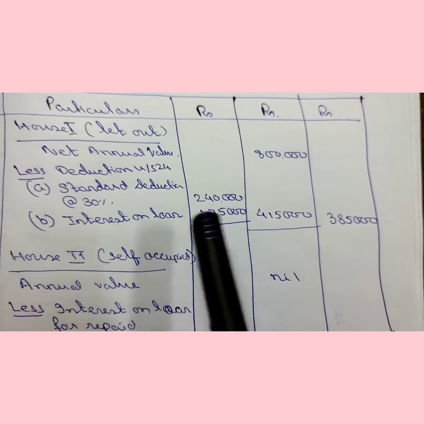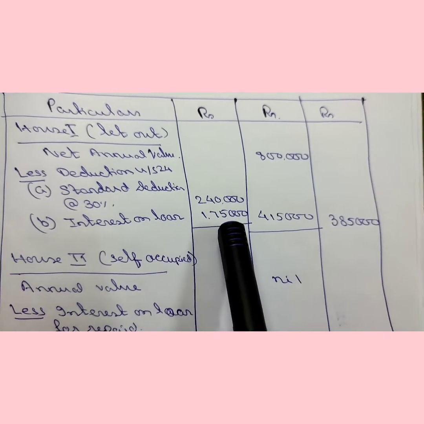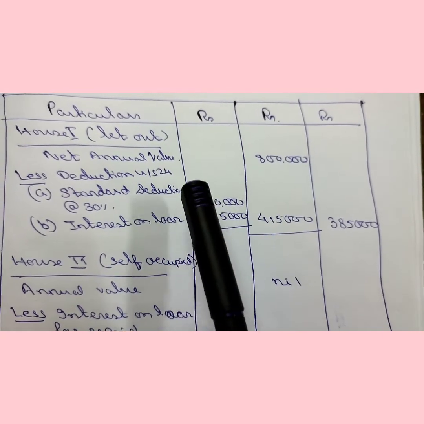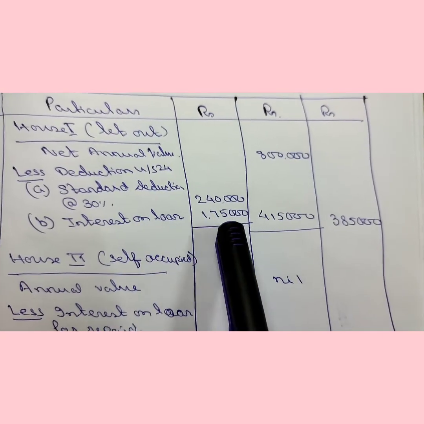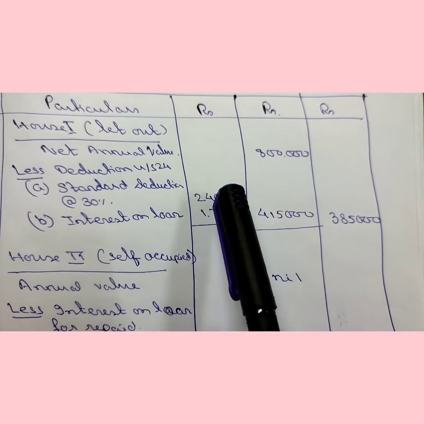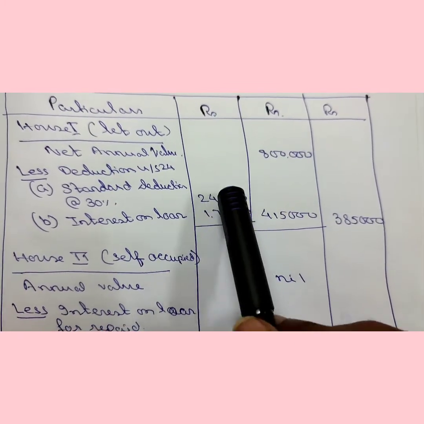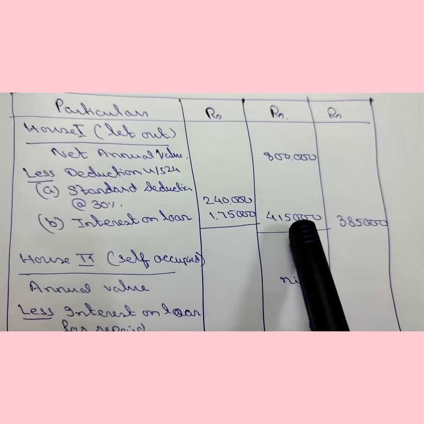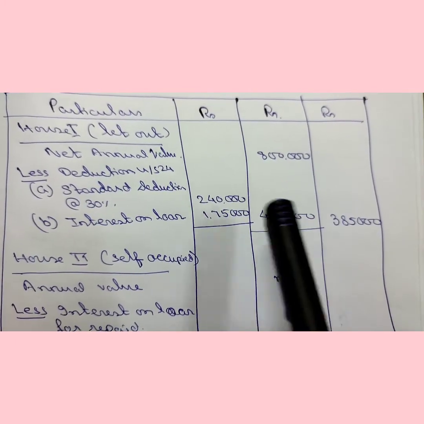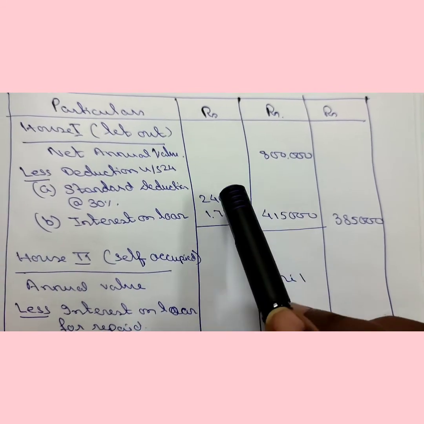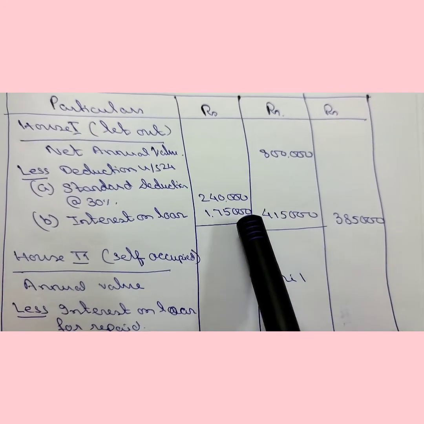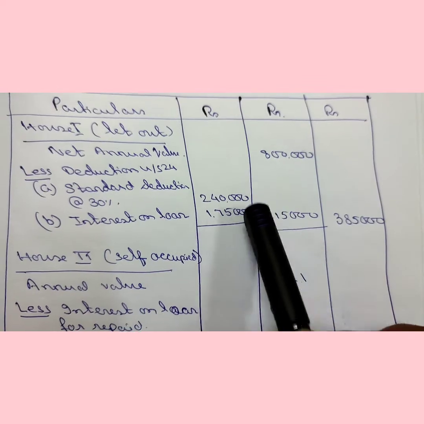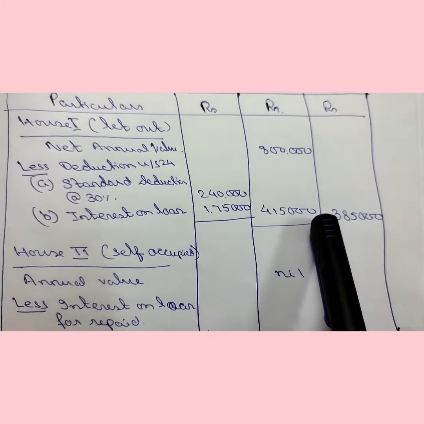Again I am saying that there is no maximum limit of interest on loan for the let out house. So the entire amount will get deduction. So 2 deductions are available here. We are adding these 2 deductions and it comes in the second column. By adding 2,40,000 and 1,75,000, the total amount will be 4,15,000.